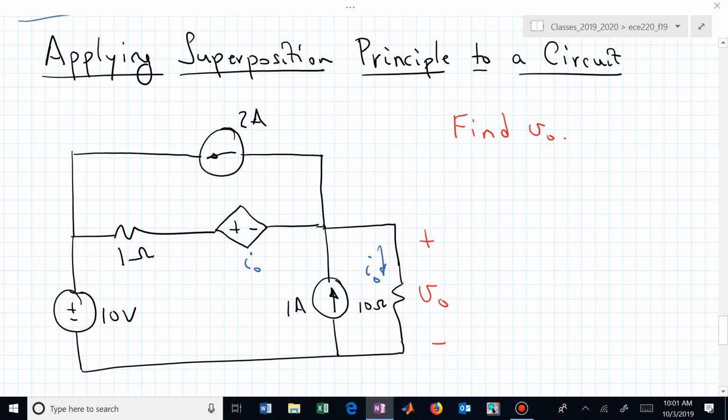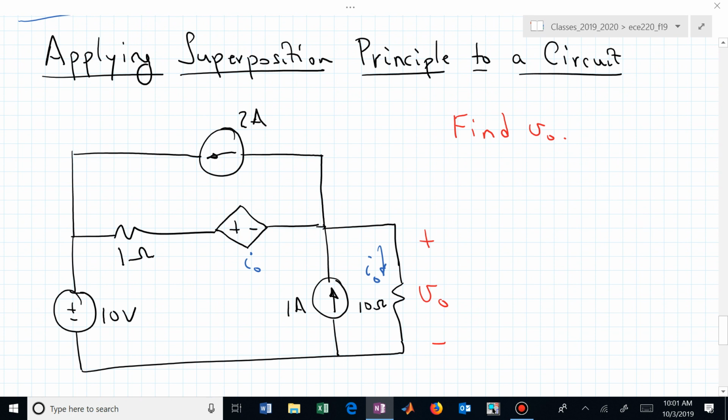And now what I'm going to do is revert back and say, oh, well, let's do it the standard way. Let's just leave them all there, and then we'll check our work. So the first thing we're going to do is find the answer in the back of the book. We're going to try to analyze this circuit with all the sources active.